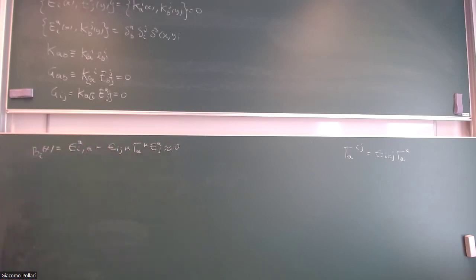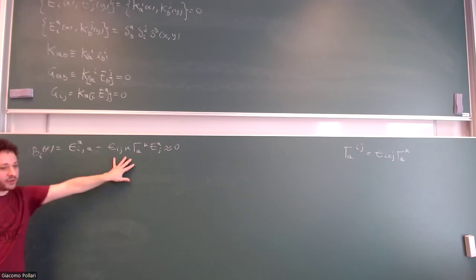Why do you call it Gauss? Yeah, because this can be written as the covariant derivative of E, which has to be equal to 0. Now I'll show you why this is the covariant derivative.